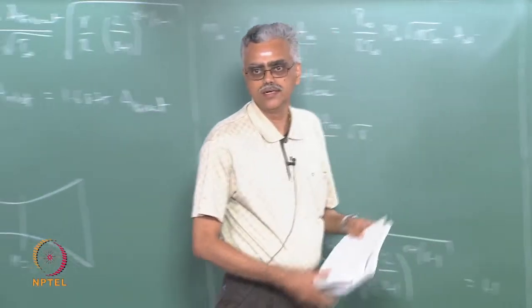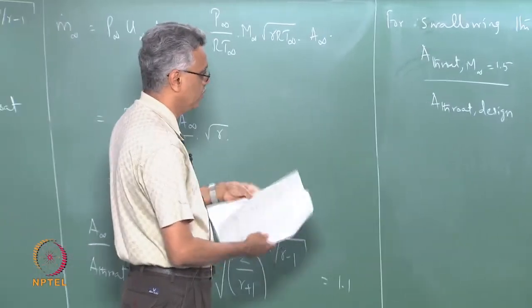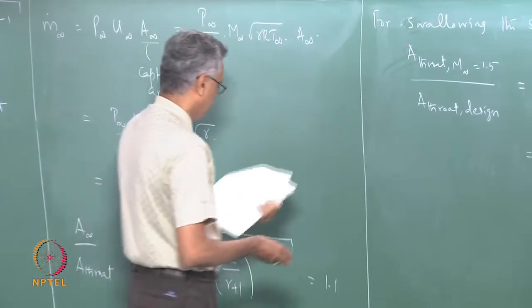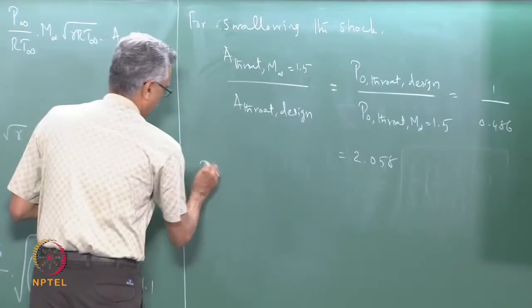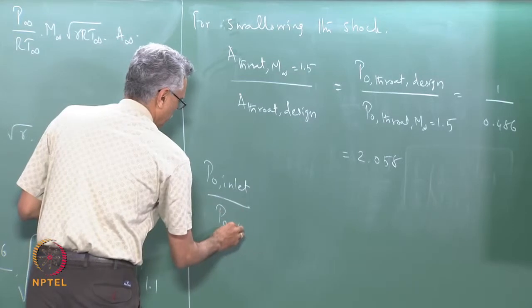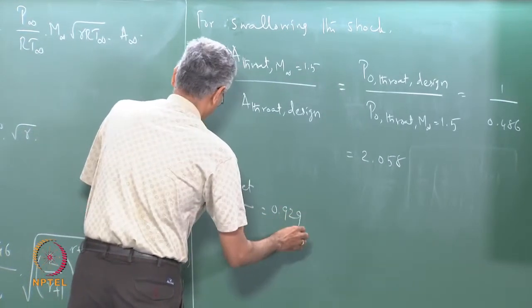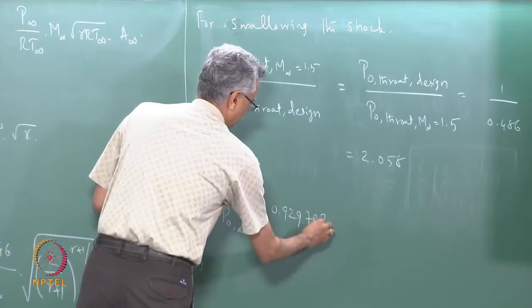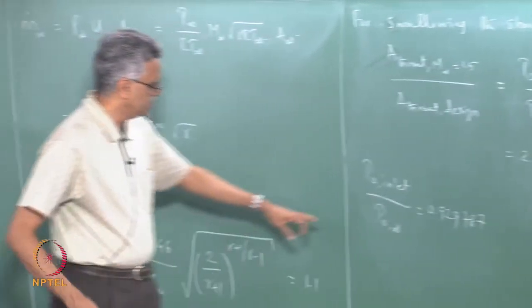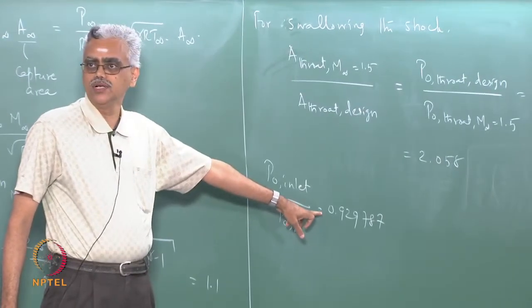Do you understand that? If you remember, we wrote down earlier that for the normal shock, from the normal shock wave table, P0 inlet divided by P0 infinity was 0.929787. If P0 infinity is the same in both cases, then this would have been 1 over 0.929.